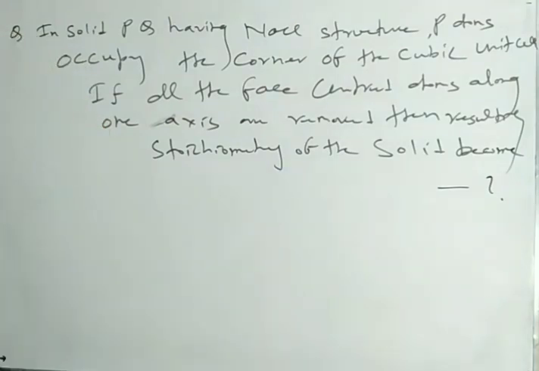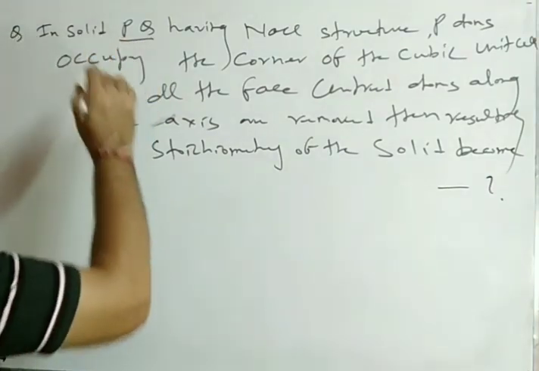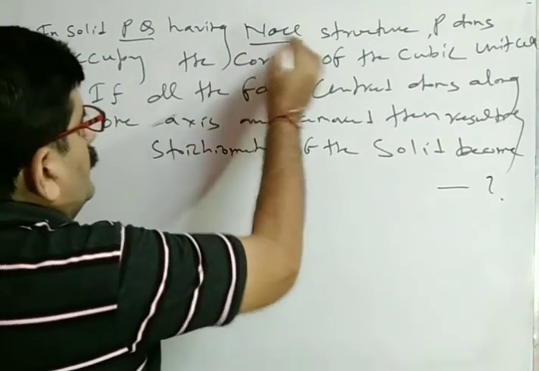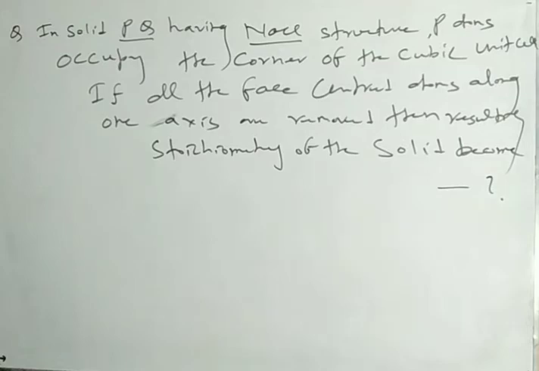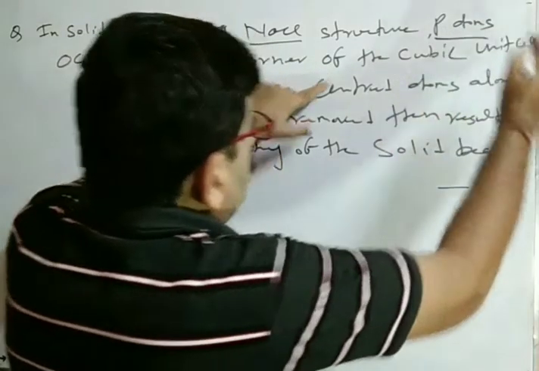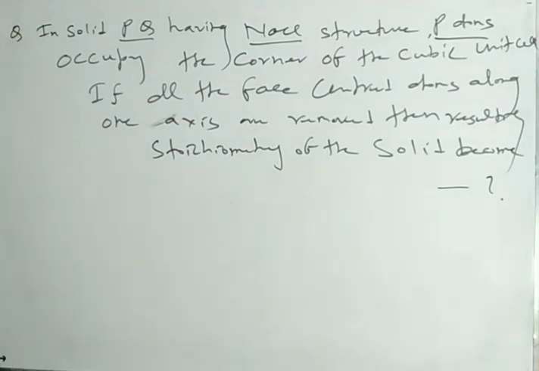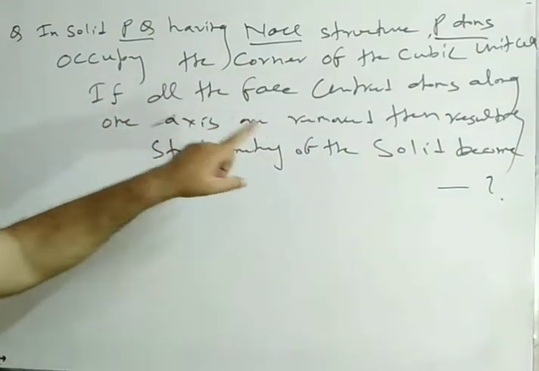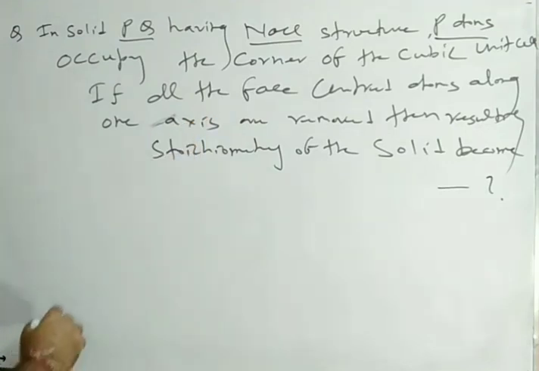Here in the question, a solid PQ is given. The structure of PQ is similar to NaCl. P atoms occupy the corners of the cubic unit cell. If all the face center atoms along one axis are removed, so we can write what?